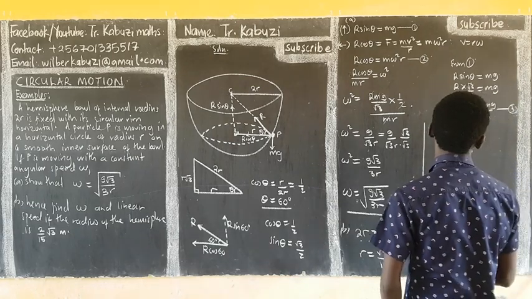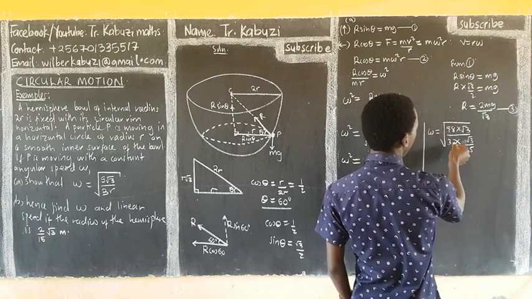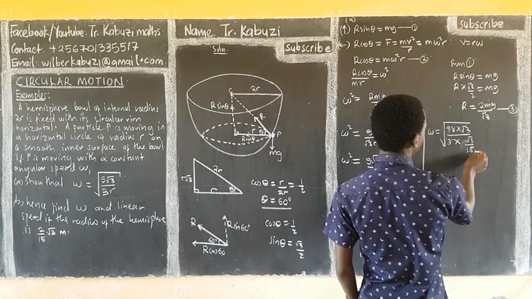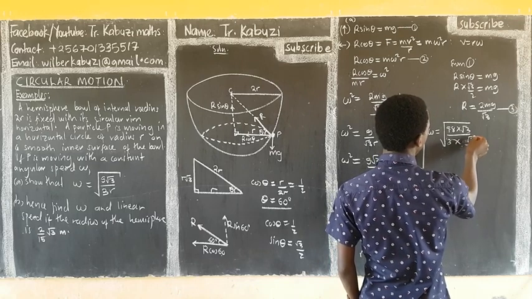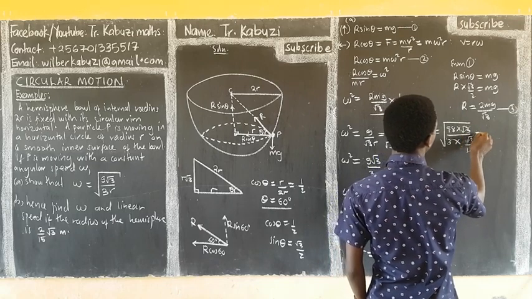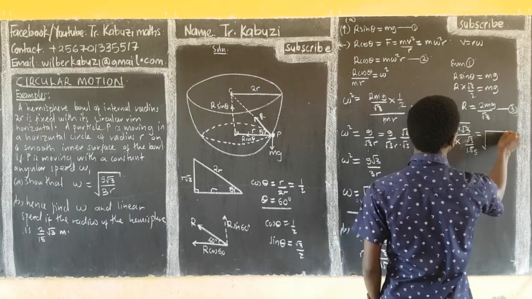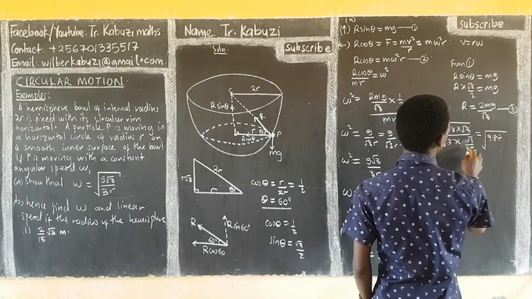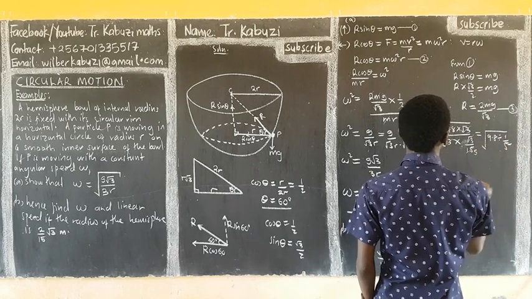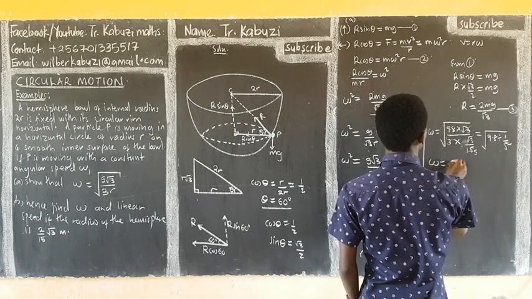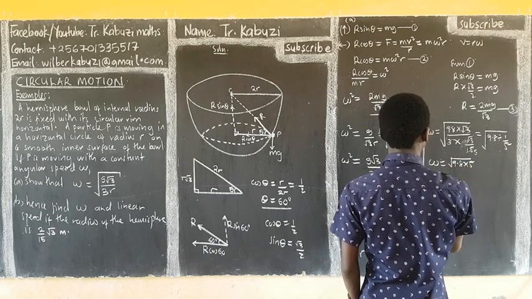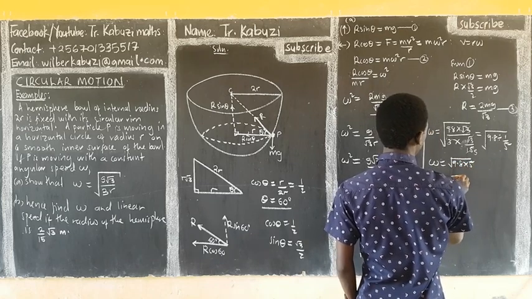You can see that by this, it's going to be 5. This goes and this goes. So this will give us 9.8 divided by 1 over 5, so our omega is going to be 9.8 times 5, which comes to 7.